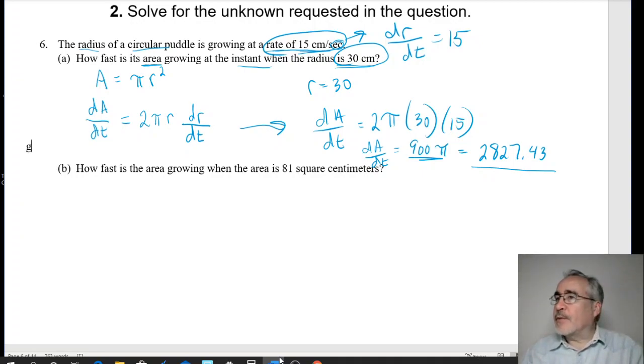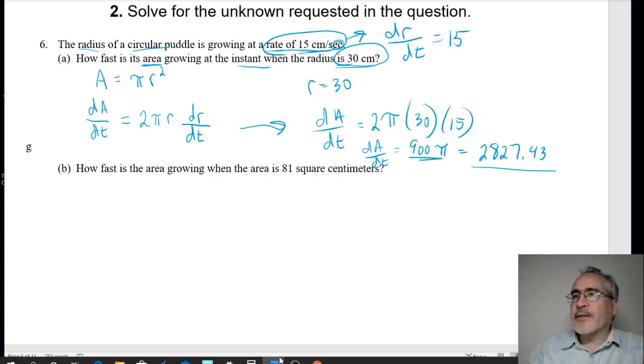How fast is the area growing when the area is 81 square centimeters? For this one, you have to think a little bit through it. We can't just start with the derivative formula because there's no place to plug in the area. We need the radius. So how are we going to find the radius?